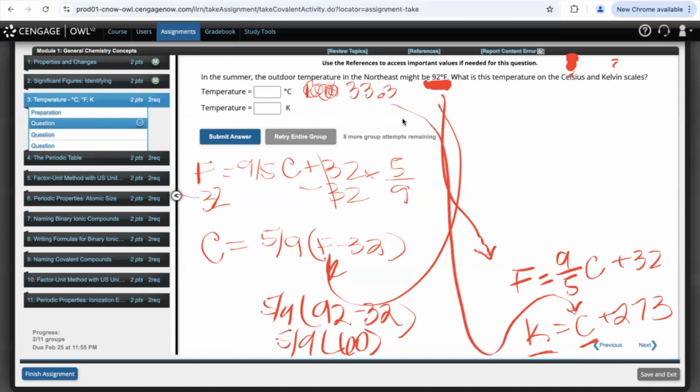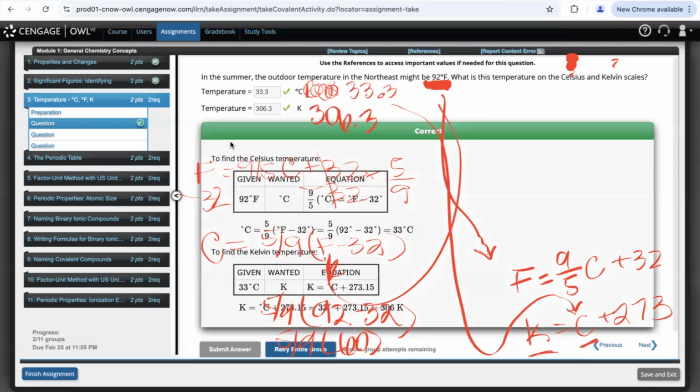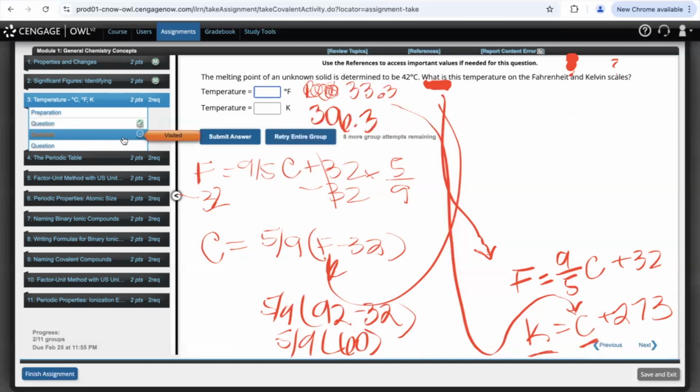So I'm going to do 33.3 plus 273, and I get 306.3. So we have 33.3, 306.3. There we go.